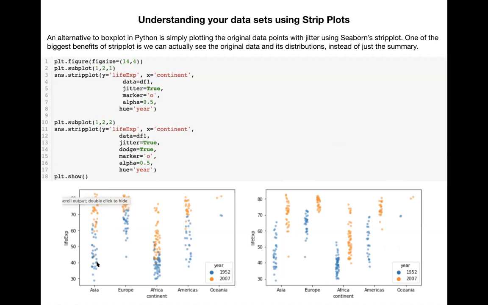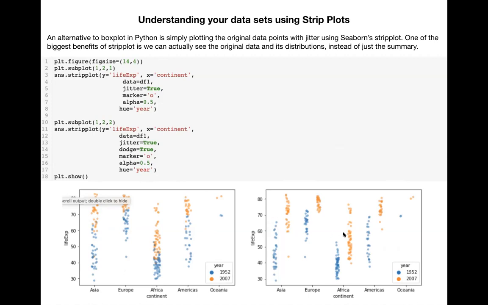And you can clearly see that after half a century, the life expectancy in almost all the countries increased, right? And Europe has a very high one, used to start with a very high one, and Asia has a very large extension, and Africa is slightly lower down here, right? So that's a very simple way to do it.